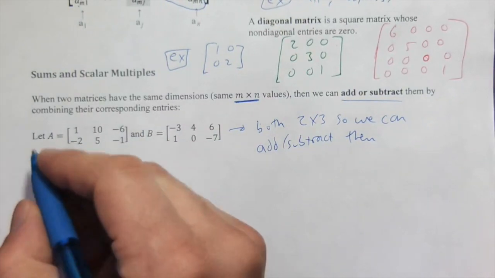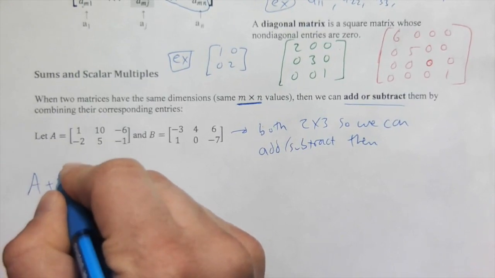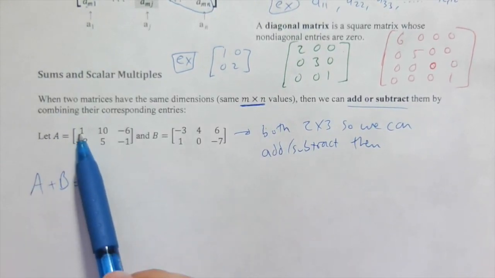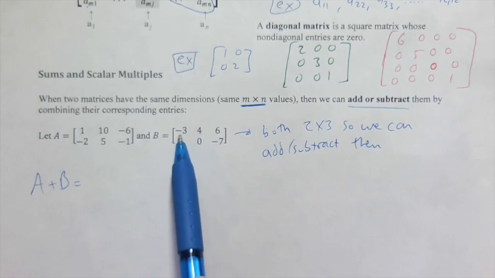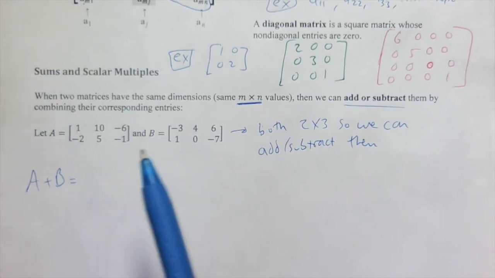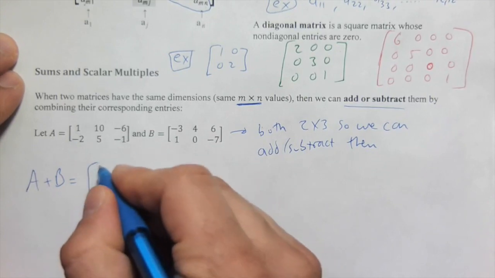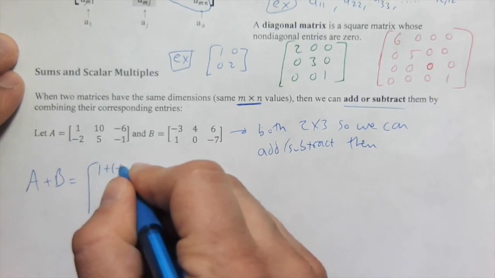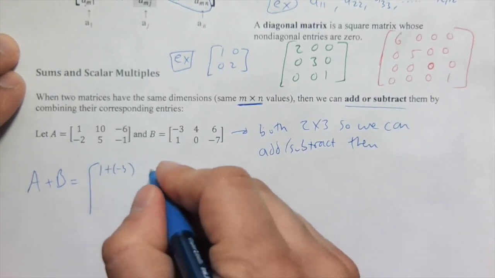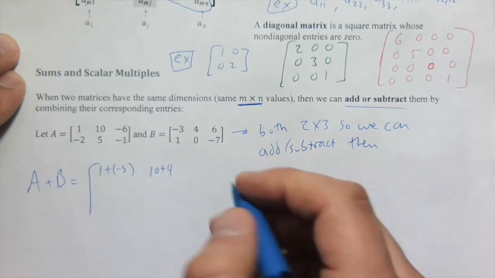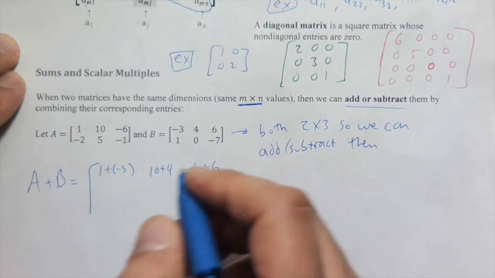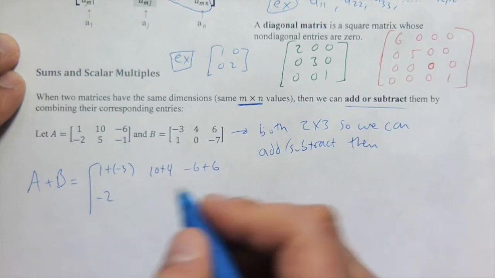So for example, A plus B, I will do the gruesome detail here. You just do like 1 plus minus 3, for example, or you do minus 2 plus 1, etc. So it would be 1 plus minus 3 in the first entry. The second entry would be 10 plus 4. The third entry is minus 6 plus 6. This entry is minus 2 plus 1.